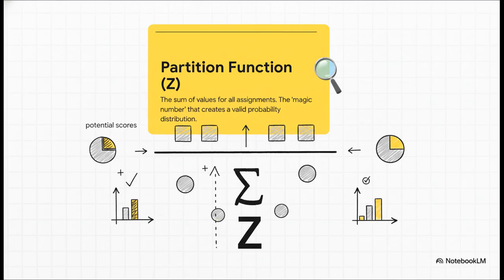You can think of it as the great normalizer. Its only job in life is to be the denominator in our final calculation. When we divide each of our individual unnormalized values by this one big number, z, we guarantee that all our final numbers will behave like proper probabilities. That is, they will all be positive and they will all add up to 1. It's the number that makes all the math work out perfectly.